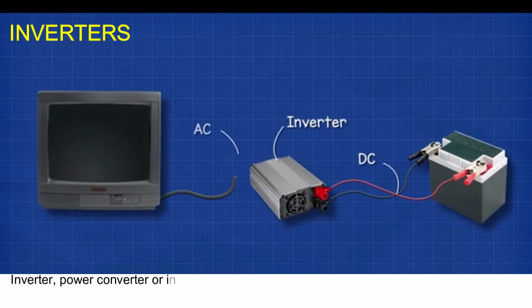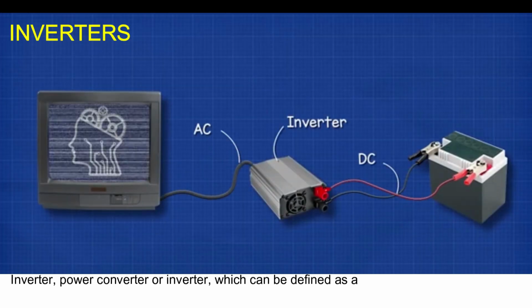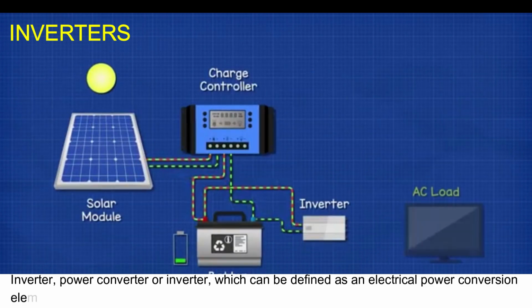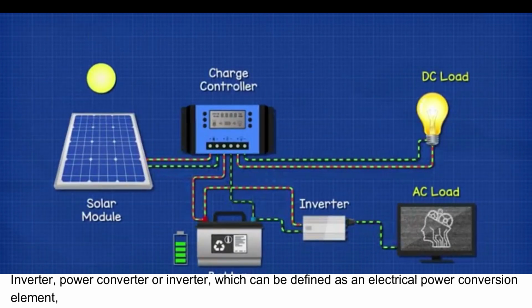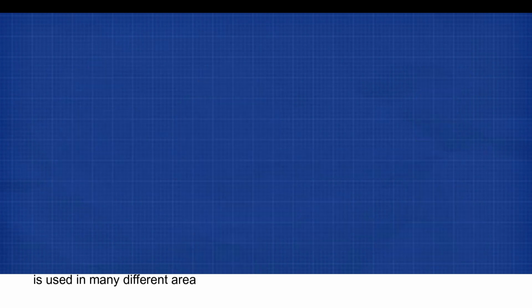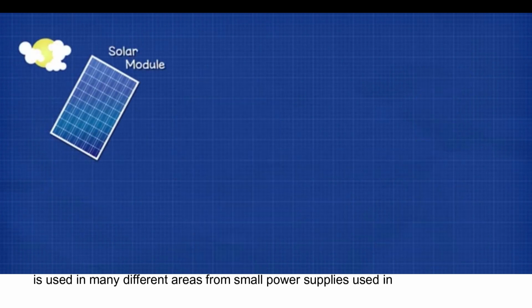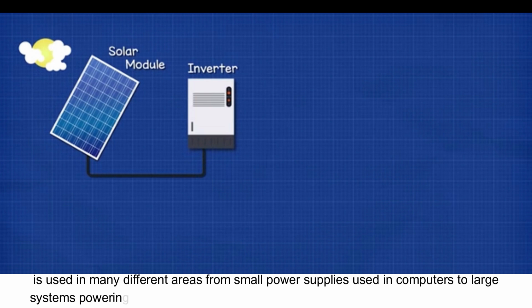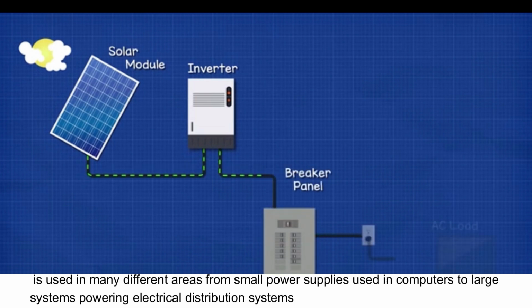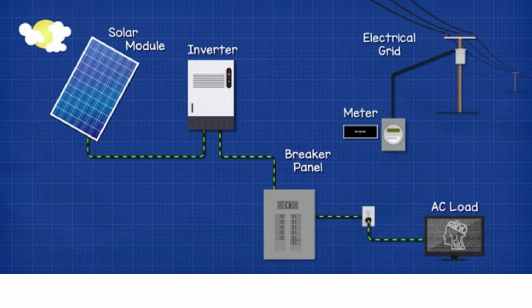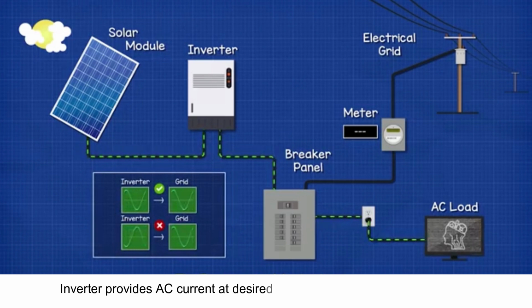Inverter, power converter or inverter, which can be defined as an electrical power conversion element, is used in many different areas from small power supplies used in computers to large systems powering electrical distribution systems. Inverter provides AC current at desired voltage, power or frequency values.